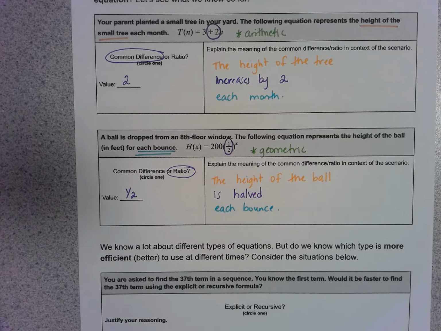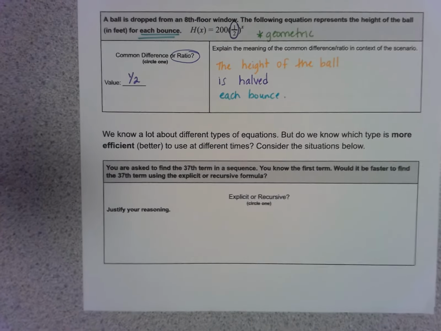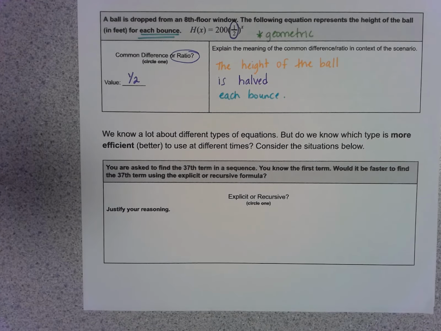Now, the last thing we're going to talk about today is, if we know a lot about different types of equations, do we know which equation is more efficient? More efficient means faster or better to use at different times. So let's consider the following situation. If you are asked to find term number 37, so the 37th term in a sequence, you know the first term.